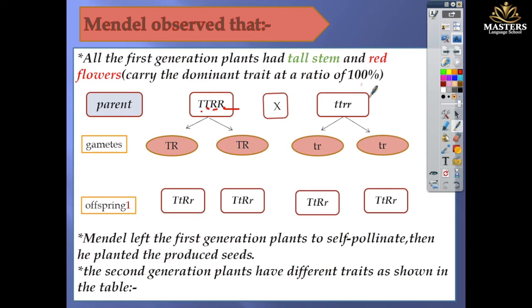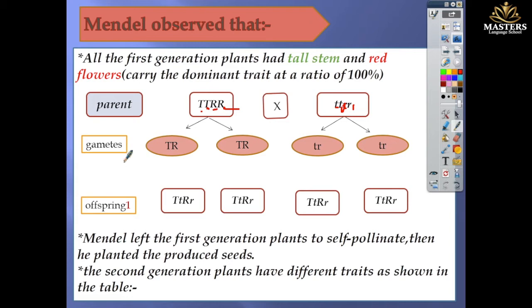After that, the gametes of short stem, white flower. We will take the first letter, T small, with the first letter of white flower, so it will be T small, R small. The second gamete will be second factor with second factor, T small, R small.